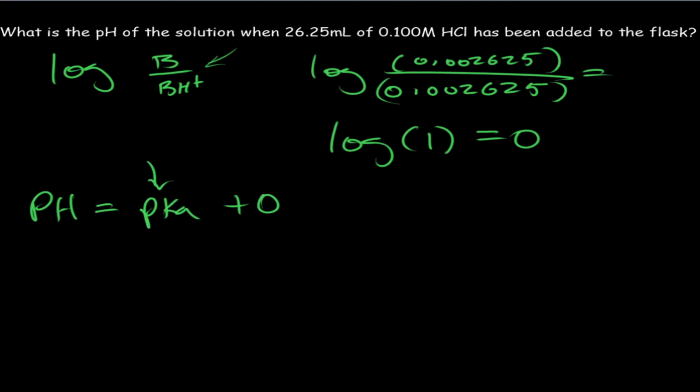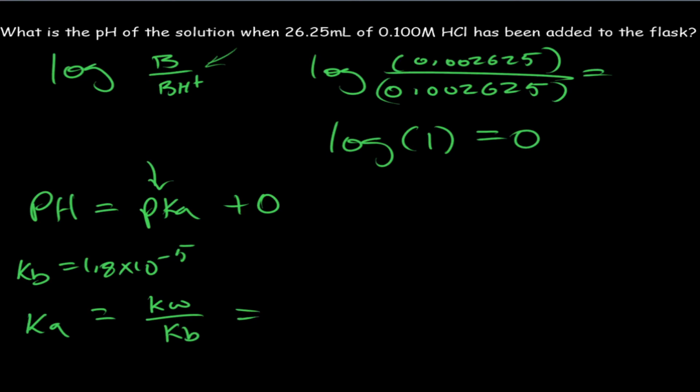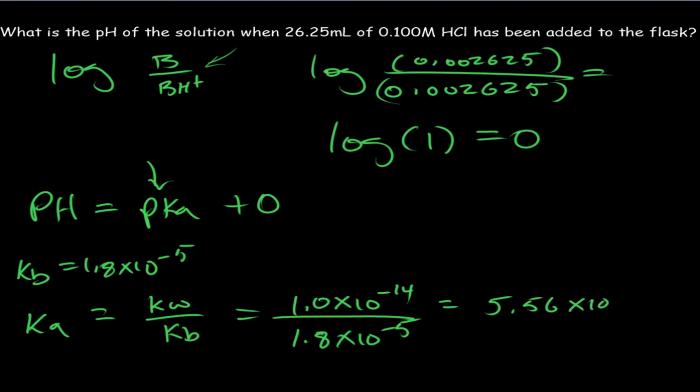And what's the pKa? Well, we were given our Kb, and that was 1.8 times 10 to the negative 5. And if we want to get our Ka, all we do is Kw divided by our Kb. That would be 1.0 times 10 to the negative 14 divided by 1.8 times 10 to the negative 5, which will give us a final value of 5.56 times 10 to the negative 10.